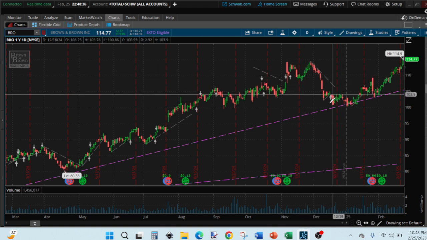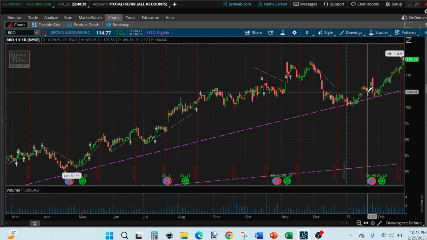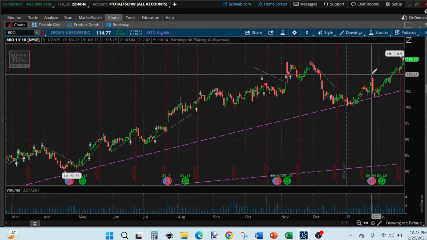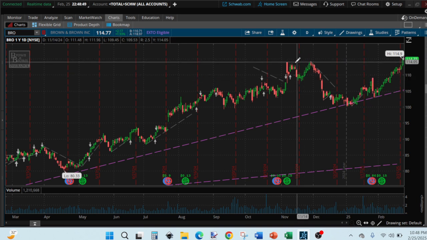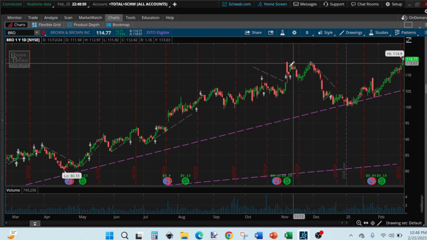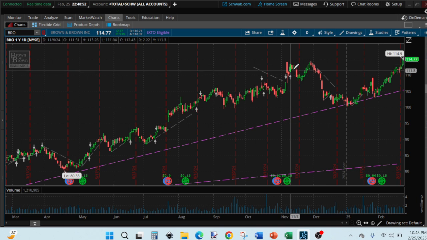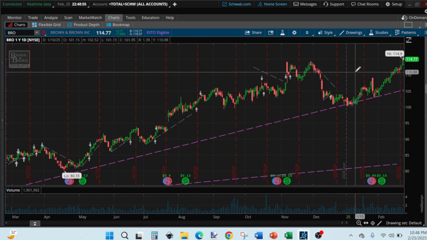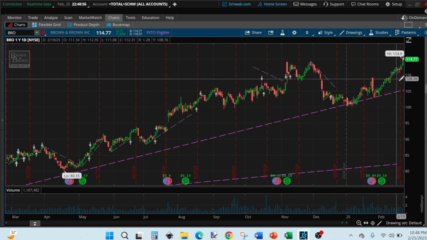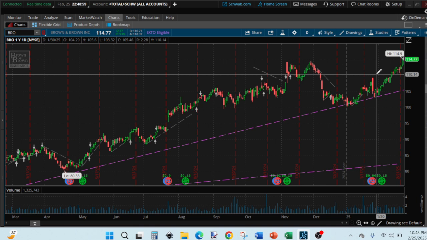The first time and the second time, we use the first in, first out inventory method. If we sell it somewhere here, it will count against the first purchase, and that will be a loss.